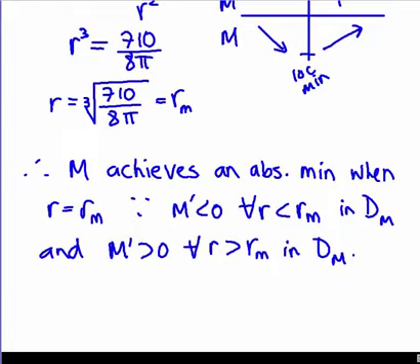The question asked me for the dimensions, and so I need to get the height as well. I can go to the next page for that. I already know that r equals the cube root of 710 over 8 pi.